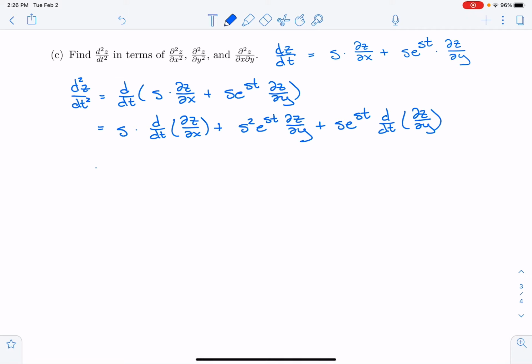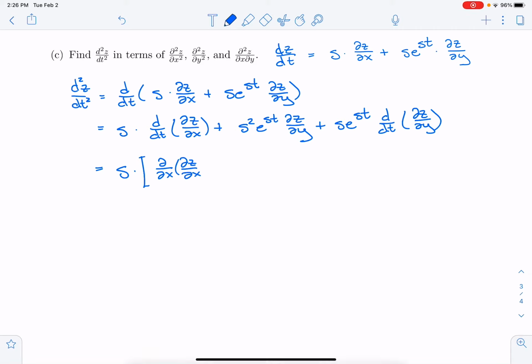Okay, so now we're going to have to find that time derivative of dz dx. Okay, so what is the time derivative going to be? Well, we're going to have to take the x derivative of dz dx times, so we'll do that. I'm going to use a bracket here to make it easier.